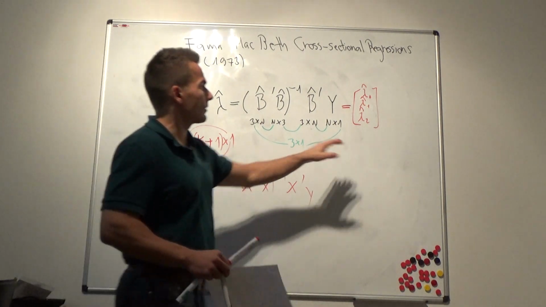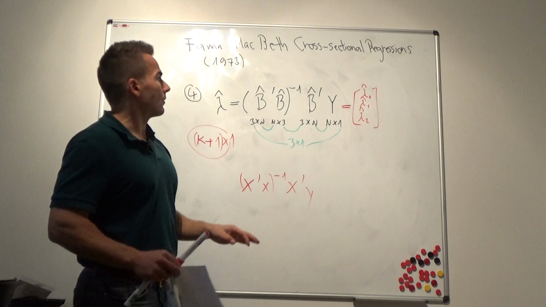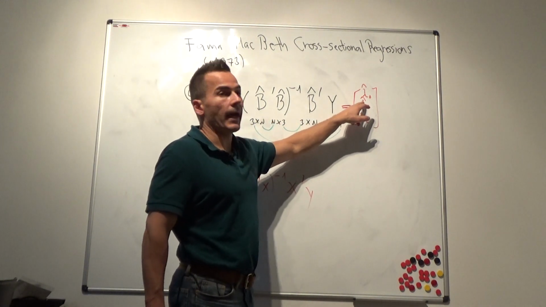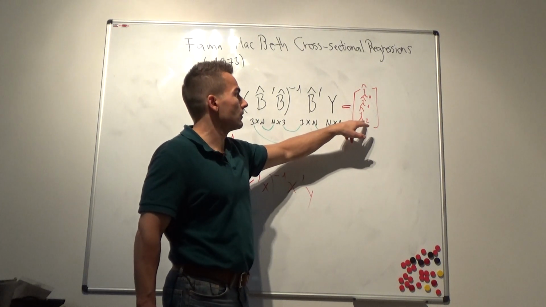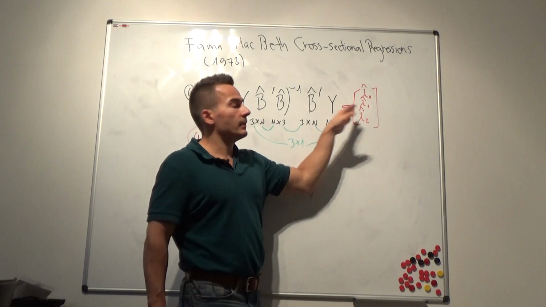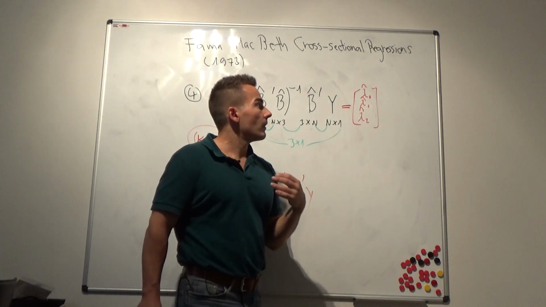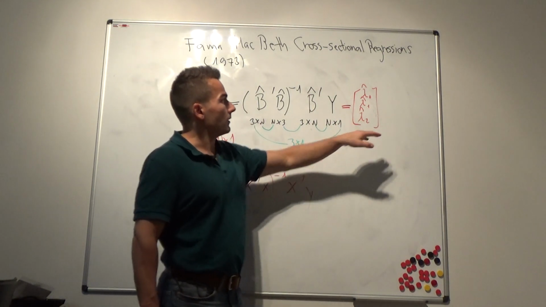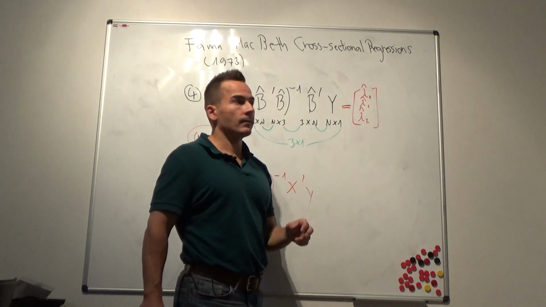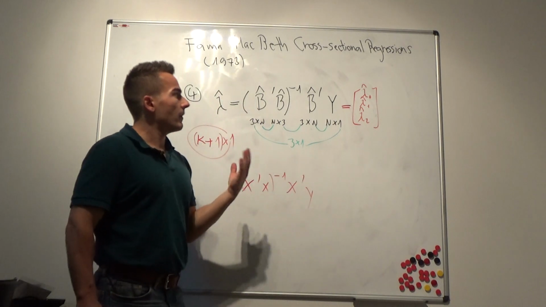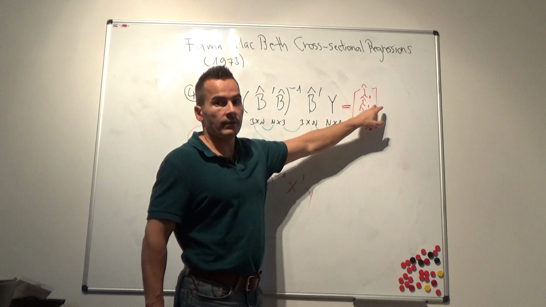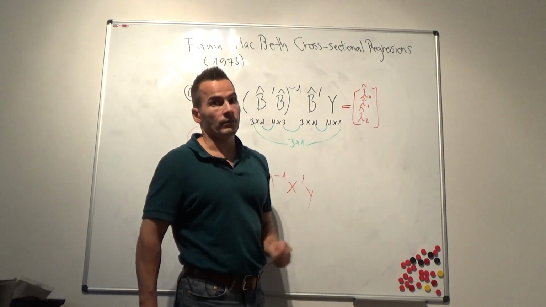That's why our lambda vector gives us the risk premium. So whenever lambda 1 hat or lambda 2 hat respectively are statistically significant, then we can say that the risk factor premium for the first or the second risk factor matters, that the first risk factor is priced, and/or that the second risk factor is priced.